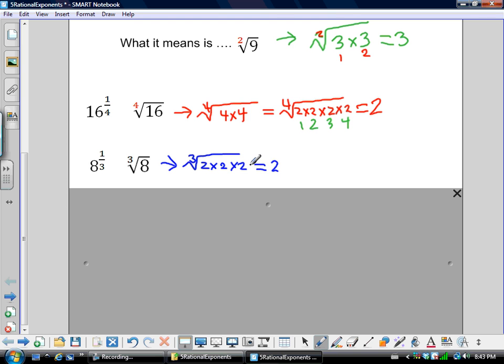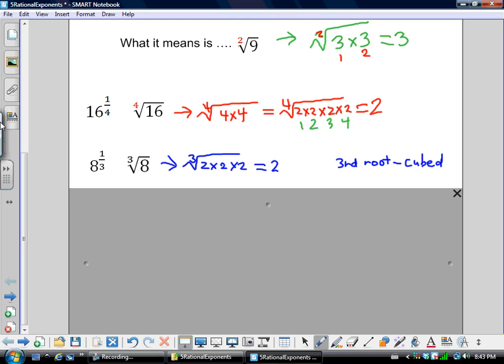Now you heard me use some special language here. This is called the third root. It's also called the cubed root. And if you look on your calculator, you might even have a button that has the 1/3 on it because it is a very common root sign.